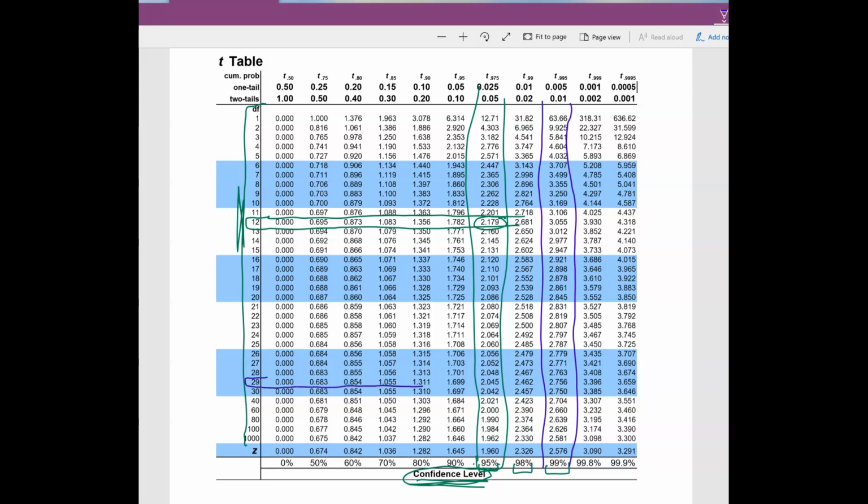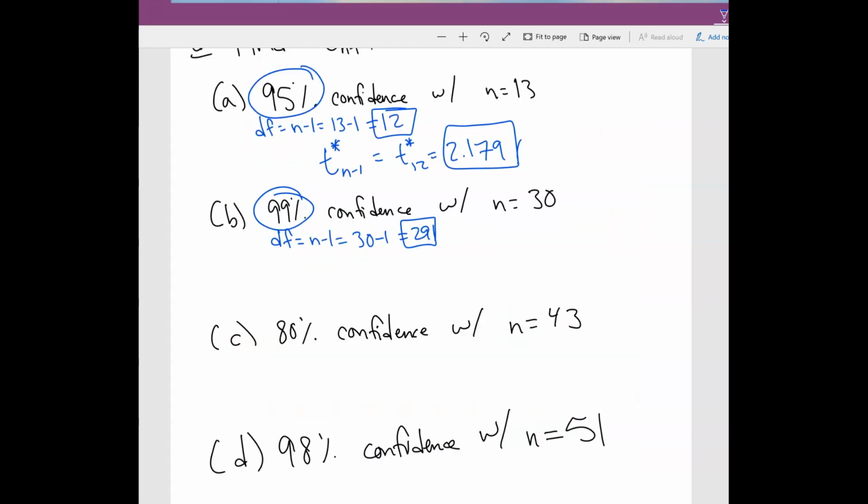And if you see, the number that matches up with the 99% confidence is this 2.756. Okay, so 2.756 is my answer. So you can write T star if you want to. You can put T star 29 if you want. Okay, I will accept both.